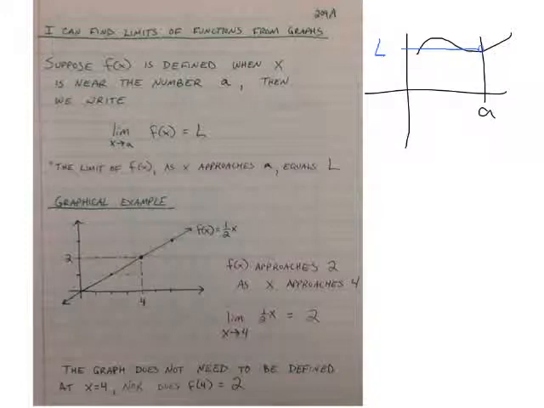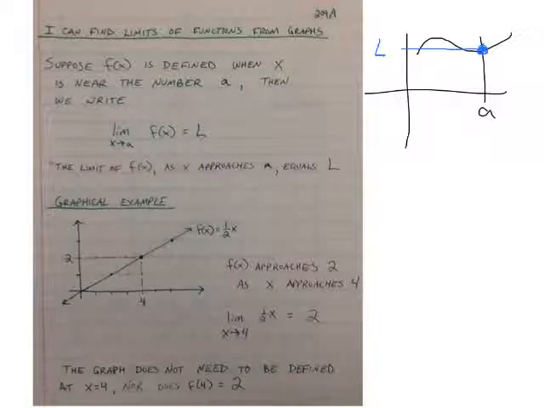Now, we don't want to think of it quite as the same thing as the y value of the function at that point, because sometimes that's a bad way to understand it. But loosely, that's sort of what's going on. Below I've got a graphical example.